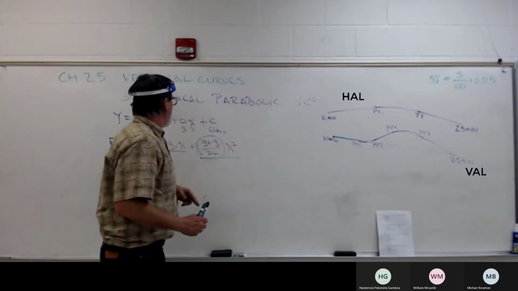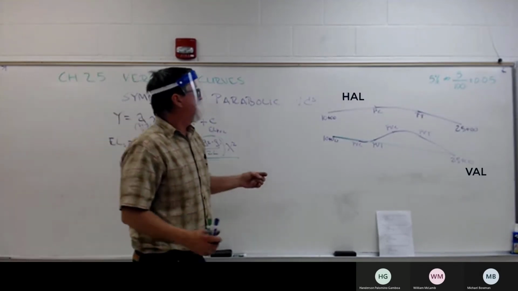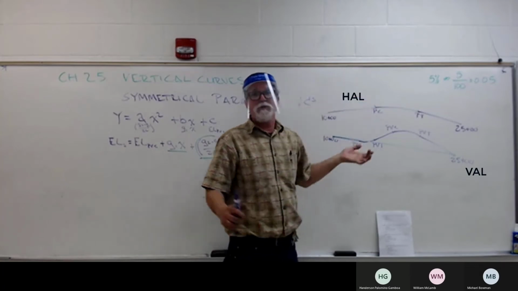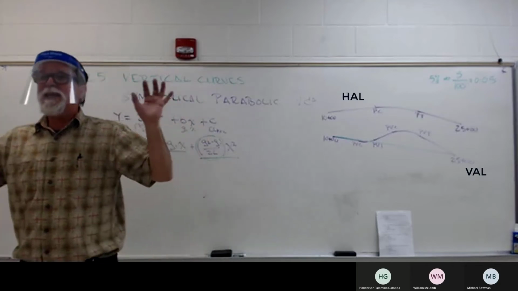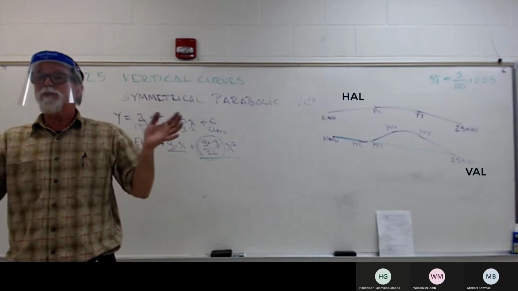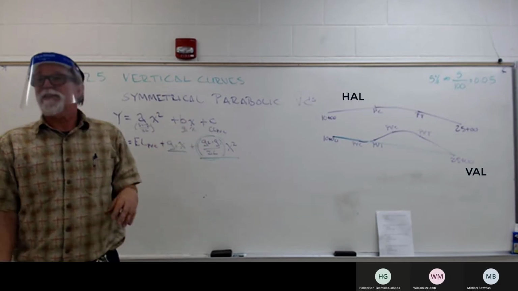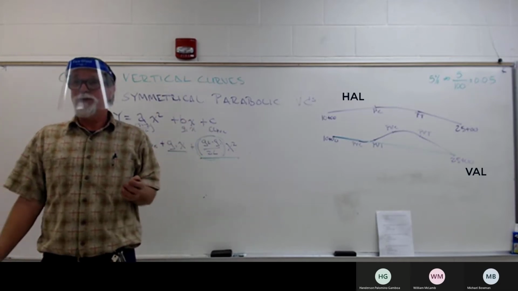This L distance just represents in the curve the distance you're traveling on the horizontal alignment. It doesn't have anything to do with the curve length on the horizontal alignment. It is just a difference in stations, because they all start at and end at the same stations. Because they're the same road.